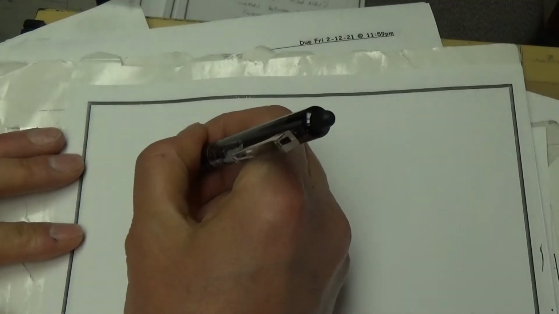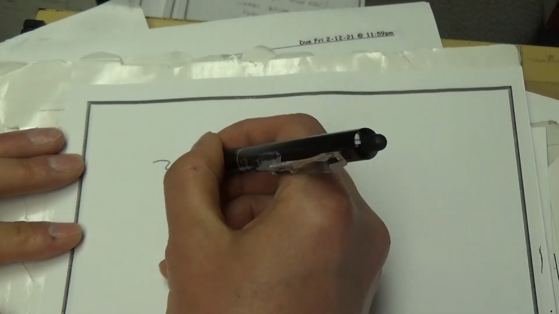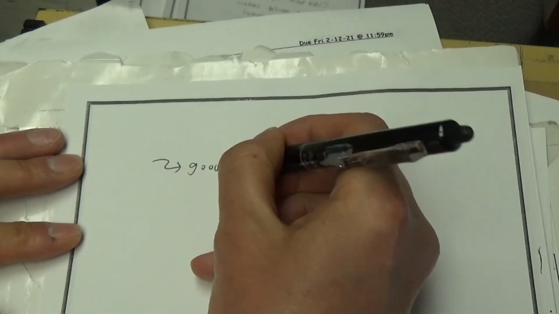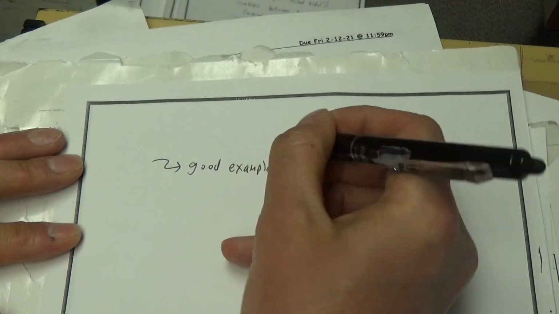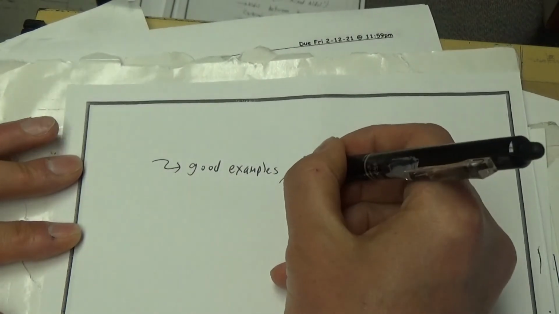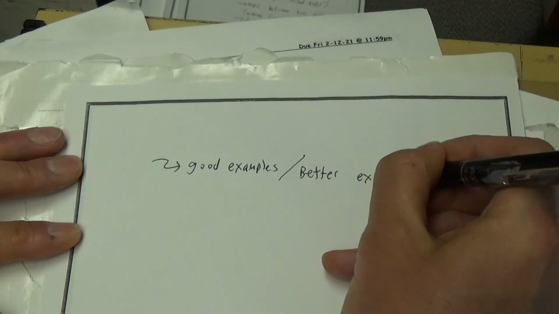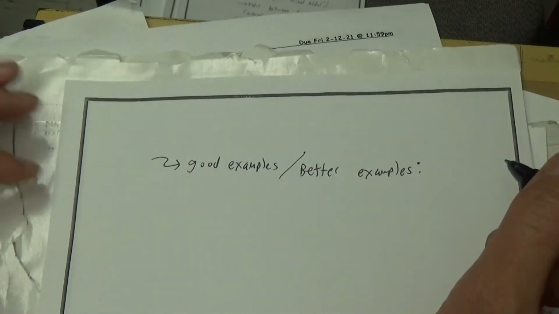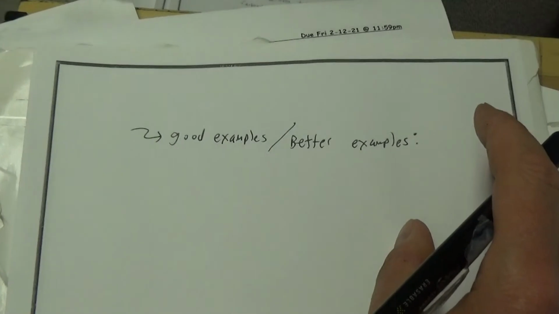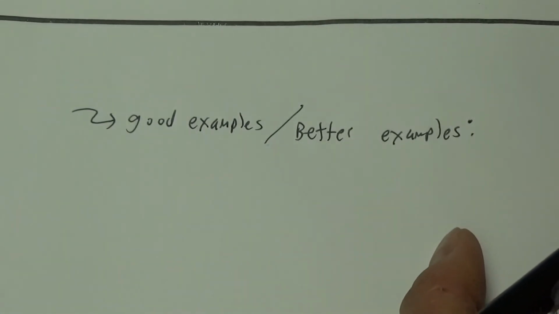Okay, so let's show now a couple good examples, or another way to say that is better examples. So there are improvements on those mixed aldol reactions we were just talking about.